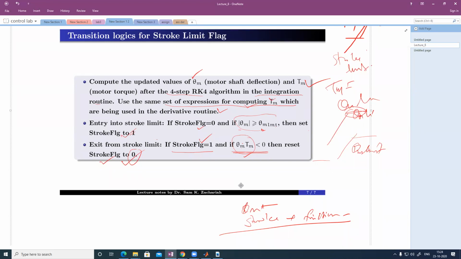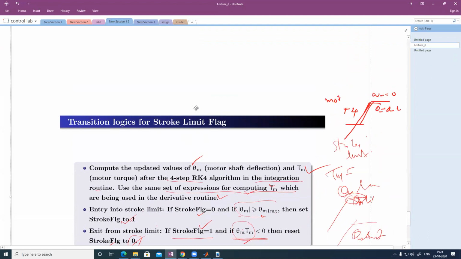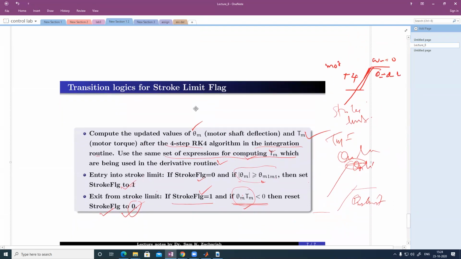I think all the codes, even the command lines, are the same. So this is the logic for stroke limit. So you have to submit this by next Friday. I think many people submitted late this time, and Sir told that for those who submitted late, marks will be reduced.